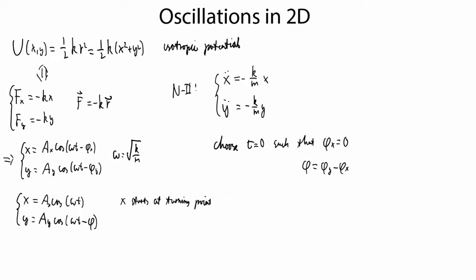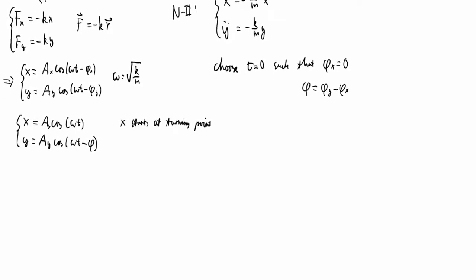Okay. Now, it turns out that the choice of phi here has a strong effect on the trajectory. So we're going to look at that next. We're going to consider the particular cases, first of all, of a sub x equals 0, or a sub y equals 0.